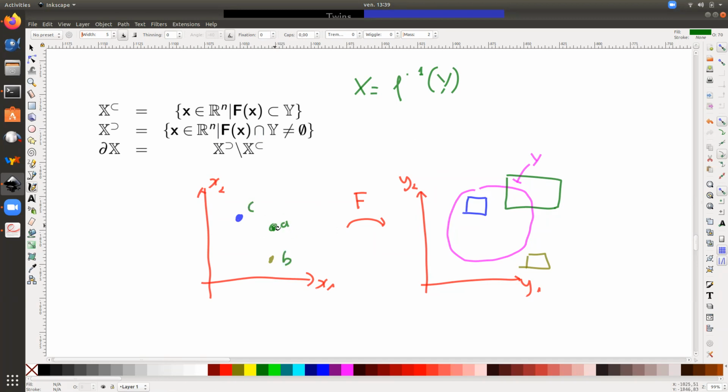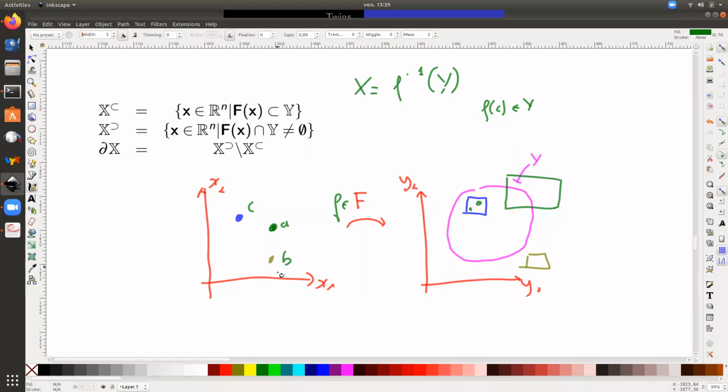The image of C, f of C, belongs to y without ambiguity. So for all uncertain functions f which belong to F, f of C belongs to y.